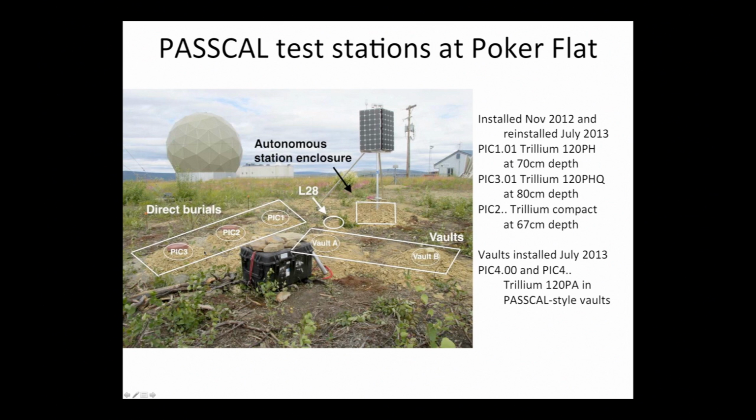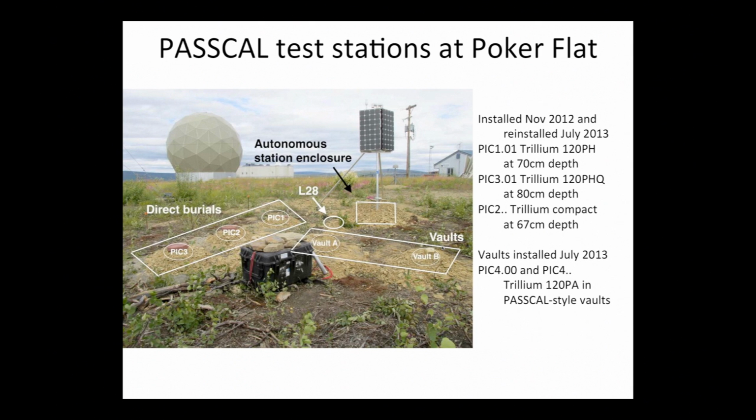And in July, they went back and reoccupied those stations, reinstalled with dry sand in all those holes. In addition, on the right side here, vaults A and B, they installed Trillium 120 PAs in those to do a more systematic comparison across a wider variety of emplacement styles.